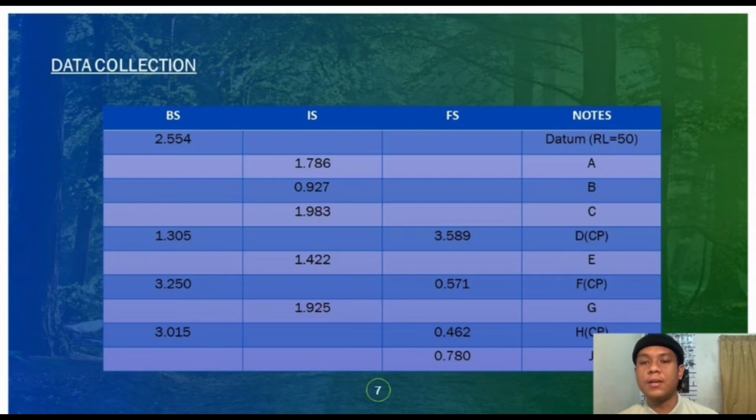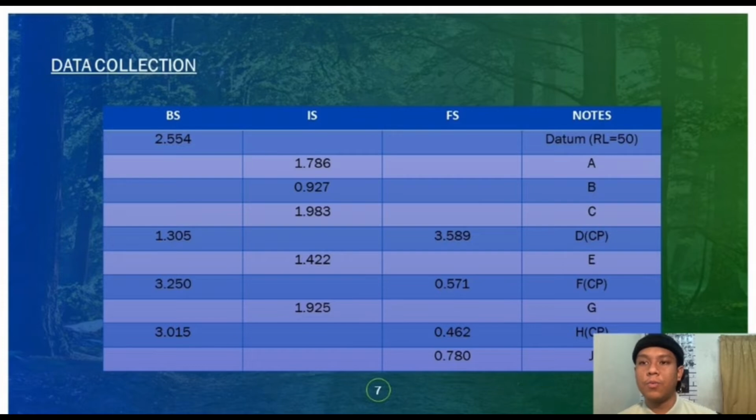We change the leveling tool to level position 2. From that we got backside 1.305, and front side 3.589, and for E we got 1.422, and F is also a change point.